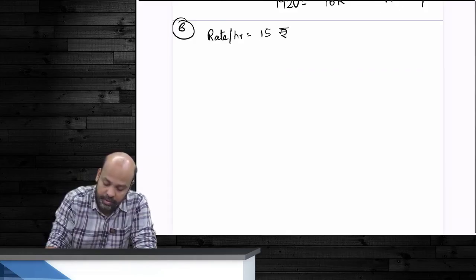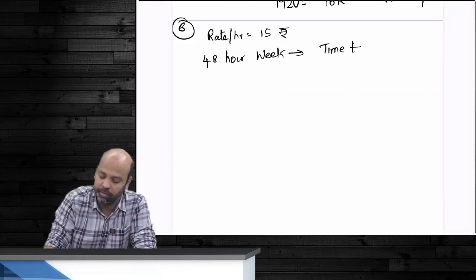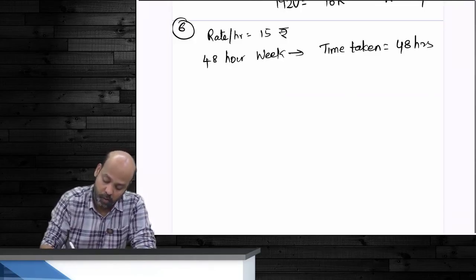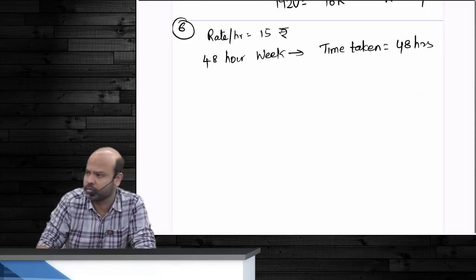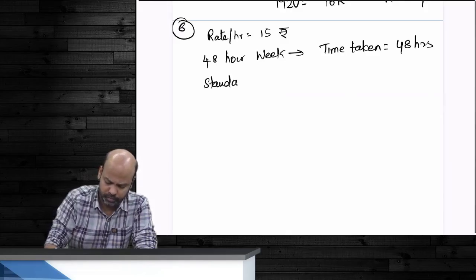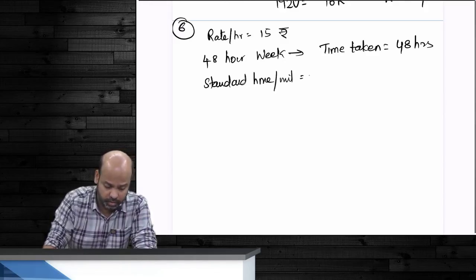Rate per hour is 15 rupees. 48-hour week, which implies time taken will be 48 hours. Standard time per unit is 18 minutes.